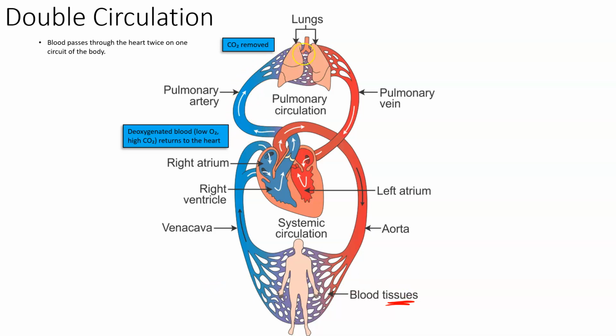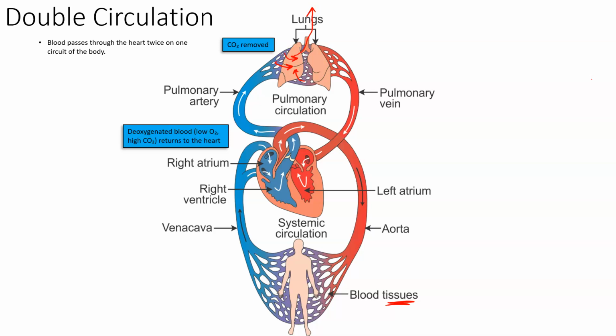At the lungs, the CO2 will be pulled out of the blood. It's going to be pulled into the lungs so that we can exhale and get the CO2 out.